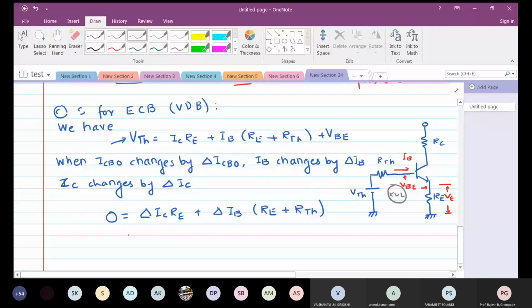Now I can derive equation for delta IB by delta IC as minus RE divided by RE plus RTH. Just a manipulation.